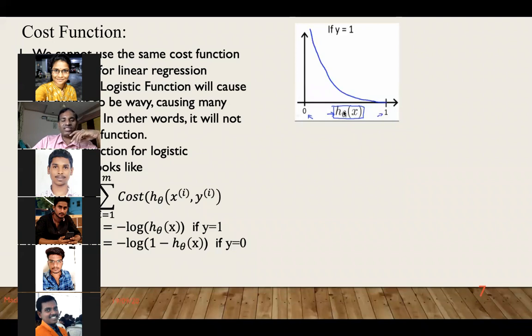Minus log of h theta x. First get the log of h theta x. What is log of 1? 0. So log of 1 equal to 0. So when h theta x becomes very high, what will happen? The log value also will become infinite, right? Yes, sir. So minus log h theta x is what?